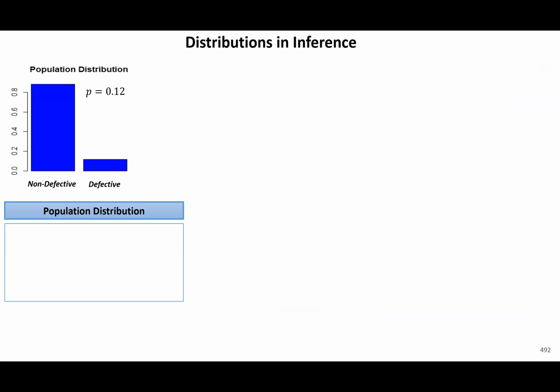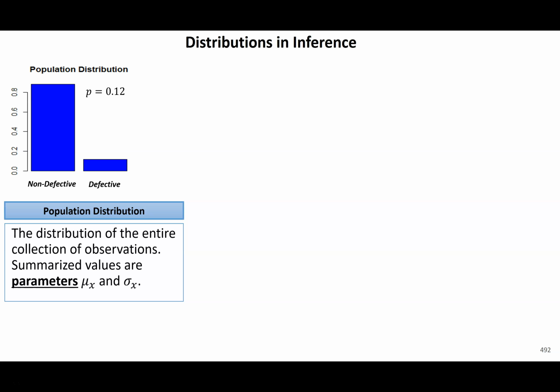So like we did in the sampling distributions for a mean, we have our distributions of inference for categorical variables. So we have a population distribution. And you might notice, looking at this, this is a bar chart, right? Because here we have it split into two categories. We have defective, I think these are actually cups, and non-defective.